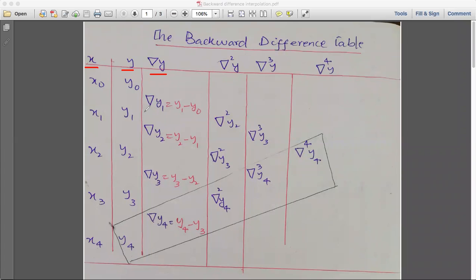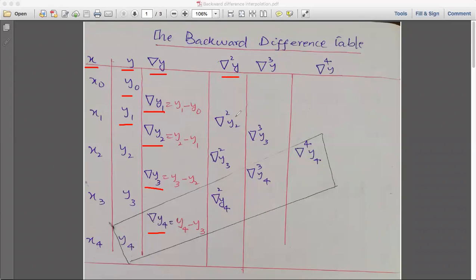Inverted delta y1 is equal to y1 minus y0. And we will write this inverted delta y1 in the middle of y0 and y1. The next is inverted delta y2, that is equal to y2 minus y1, and similarly inverted delta y3, inverted delta y4. And how can we find inverted delta square y?